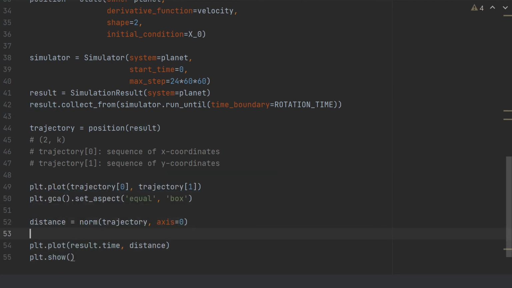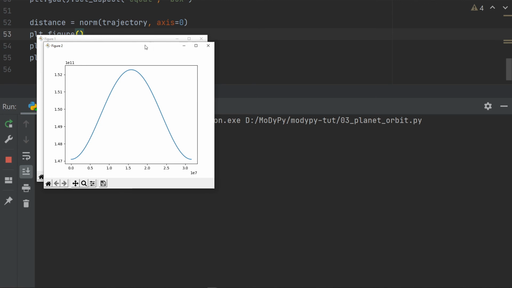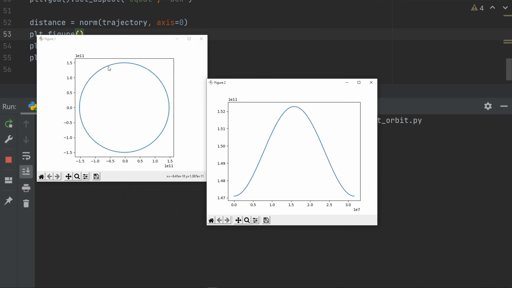And we create a new figure for that so that we have a new window. And here we see the distance changing over time. And we see that there is a noticeable change. So we do have an ellipse here, but it's only mainly in the second significant digit after the decimal. So it's no wonder that we don't see it here in this very coarse representation.